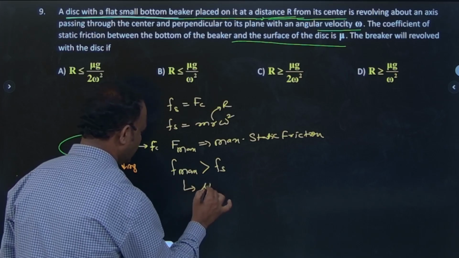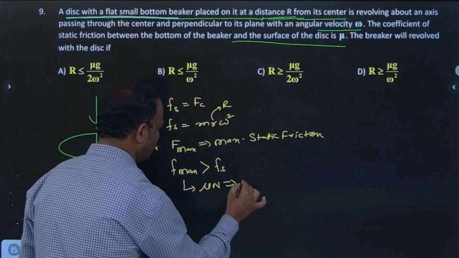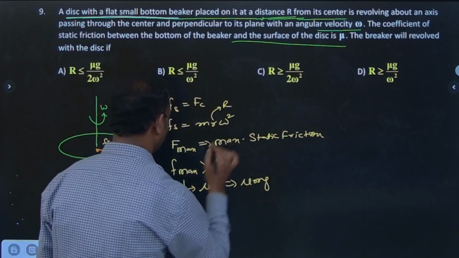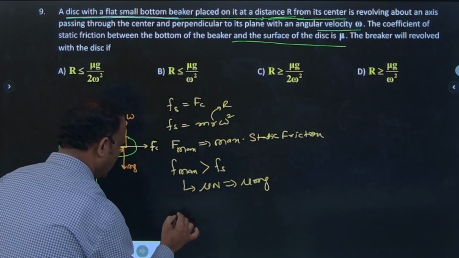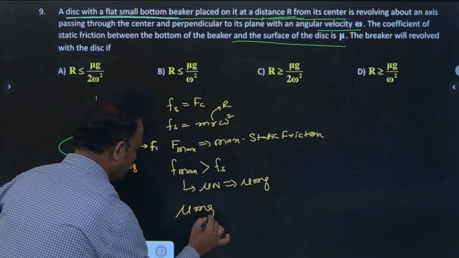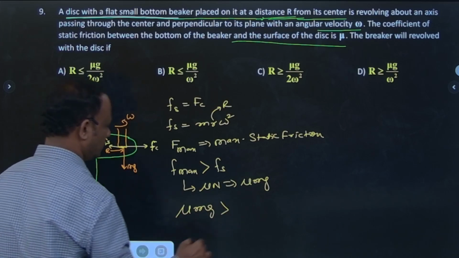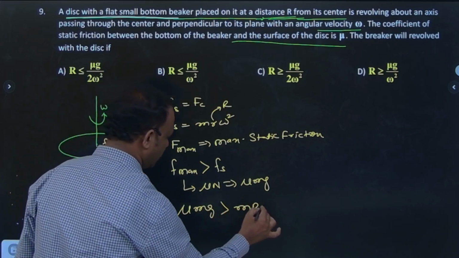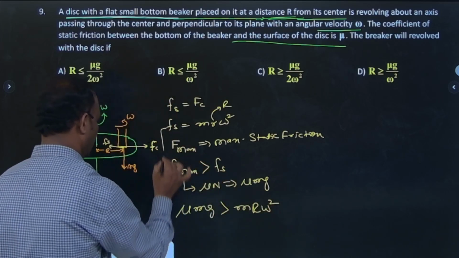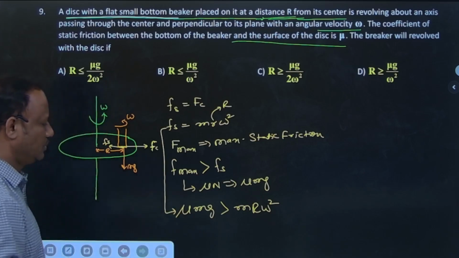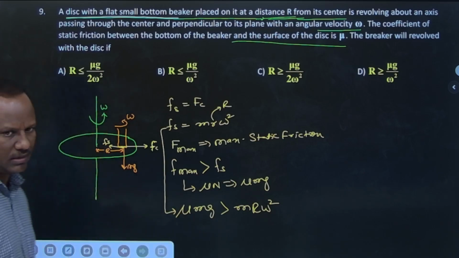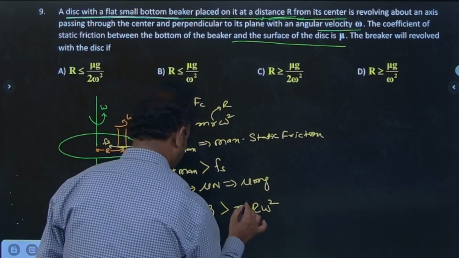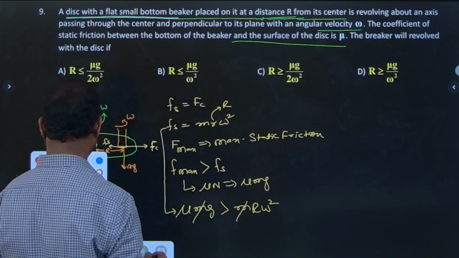So F max is mu into N, and N is mg. So now we can say mu mg is greater than or equal to m r omega square. M and m cancel.